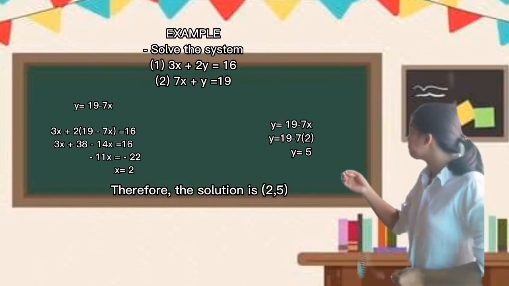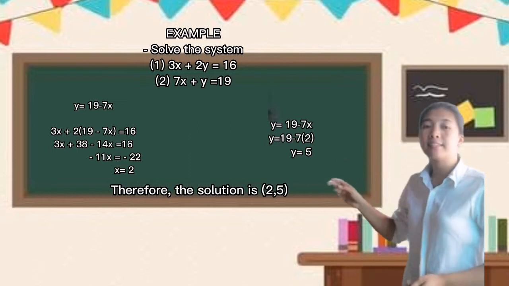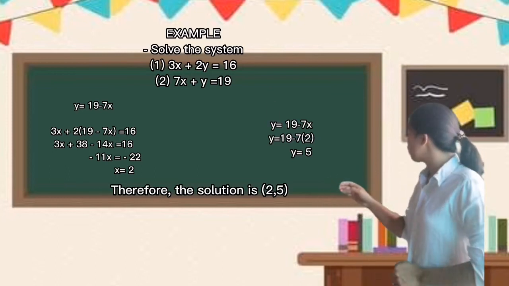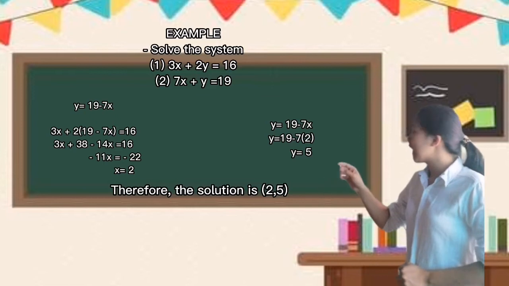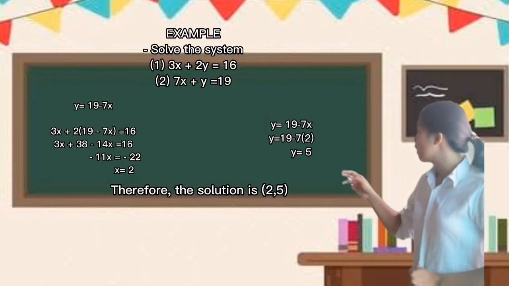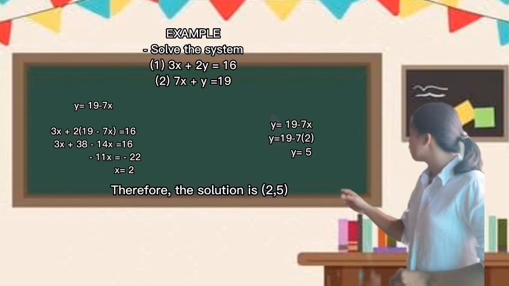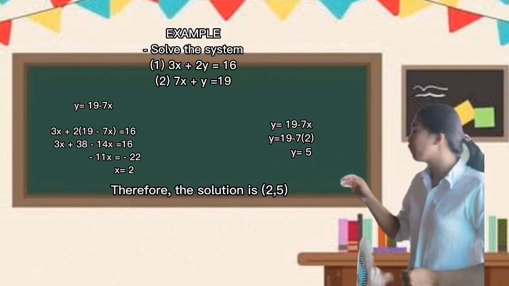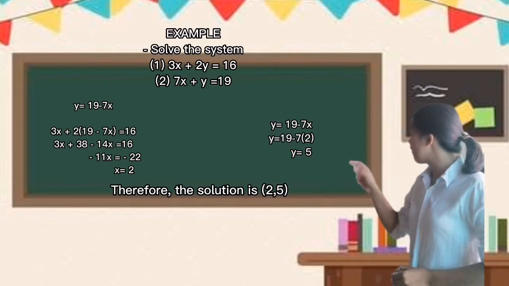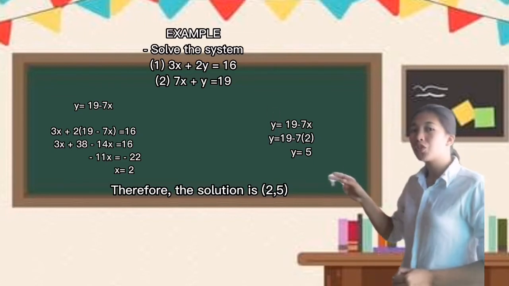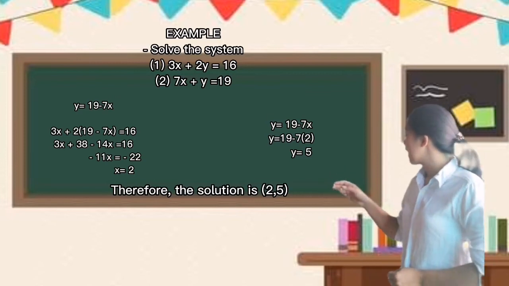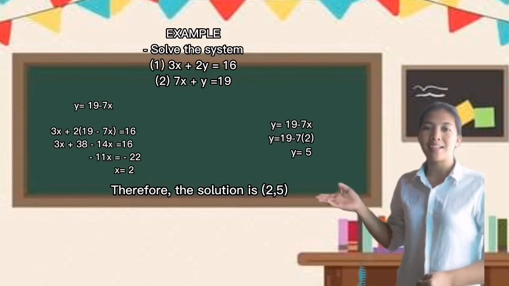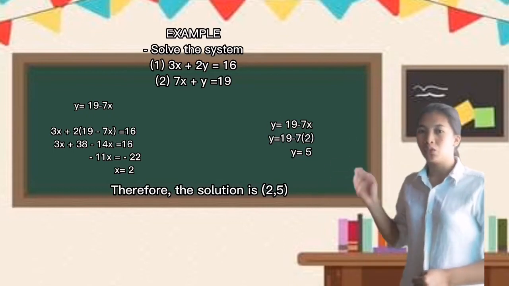Then the next step is to combine like terms. So we have negative 11x is equal to negative 22. Then divide both sides by the coefficient, which is negative 11. The answer is 2. So this will be the value of x. x is equal to 2.